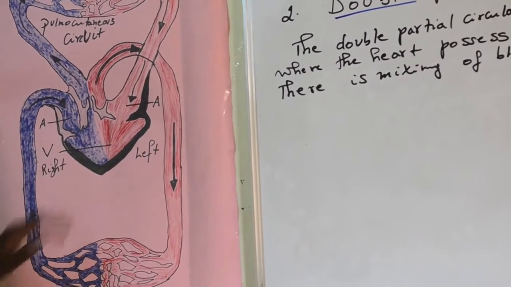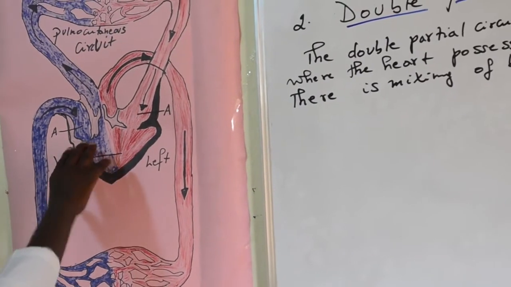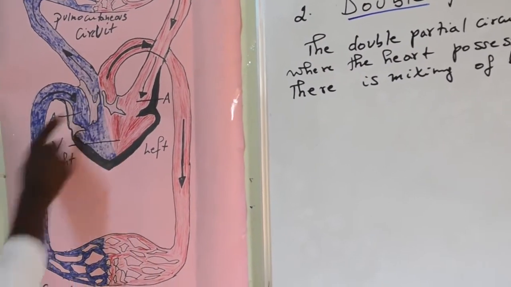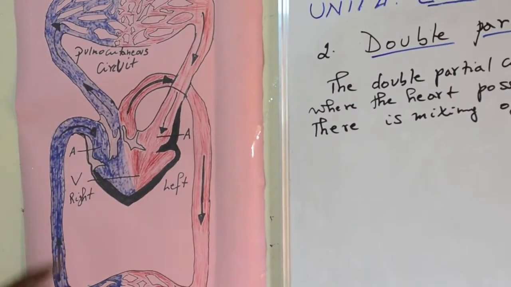From the ventricle, blood is pumped to the lungs through the semilunar valve.